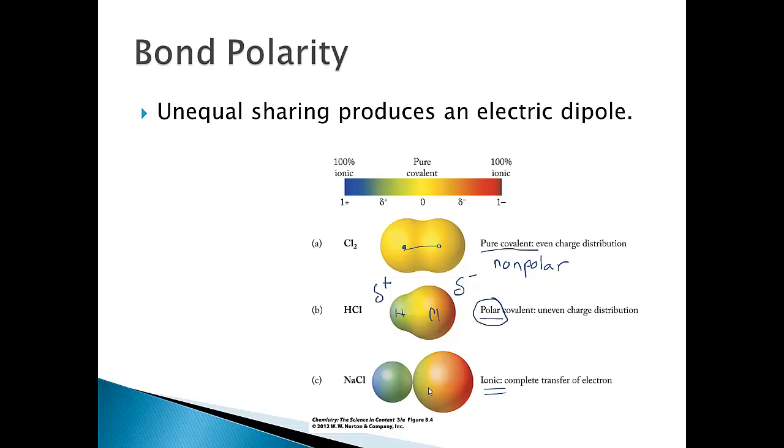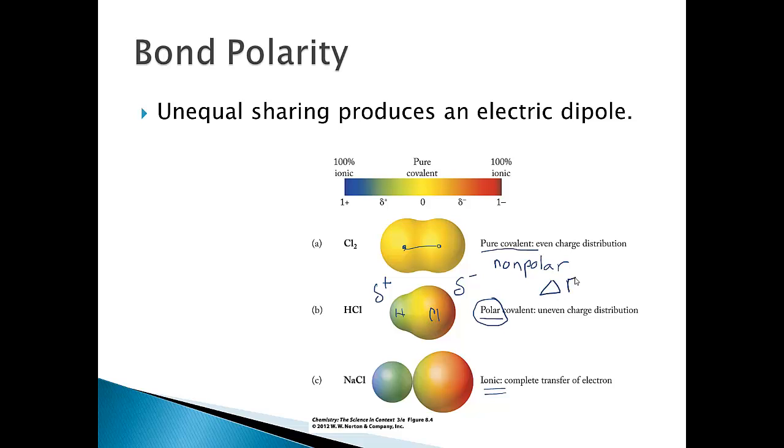If the electronegativity difference is 0, it's pure covalent. If it's somewhere in between, if it's kind of moderate, we say it's a polar covalent bond. And if it's a really big difference in electronegativity, we call it an ionic bond. So what's the dividing line for these? Well, this is kind of arbitrary, but your book and a lot of books will use this one.